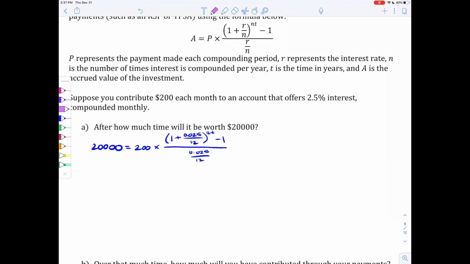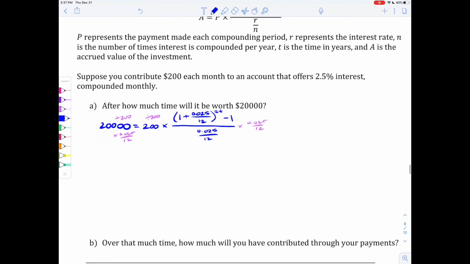Okay. I'm going to divide both sides by 200. I'm also going to multiply both sides by this denominator over here, because why am I dealing with complex fractions? That seems unnecessary. I actually have this written out as a decimal in my own notes, but now I'm wondering what this would be as a fraction.